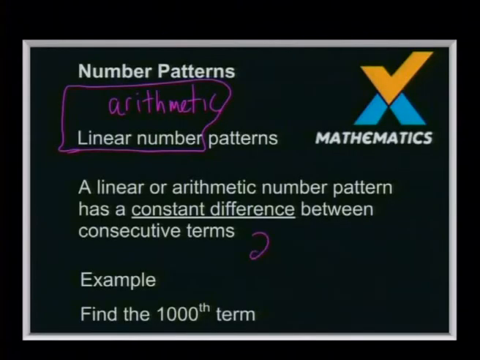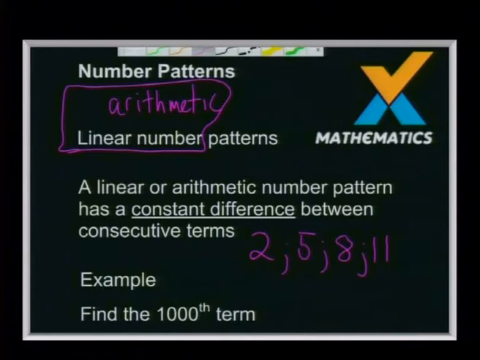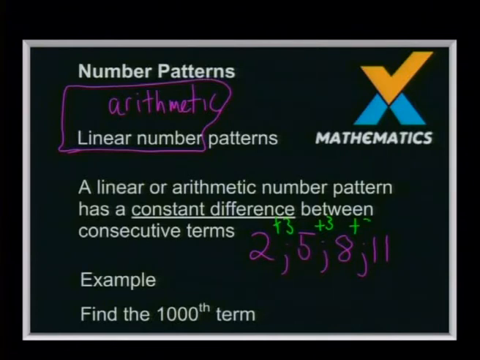Like, for example, if I go 2 and then 5 and then 8 and then 11. To get from 2 to 5, I need to add a constant difference of 3. To get from 5 to 8, I add 3 again. And to get from 8 to 11, I add 3 again.